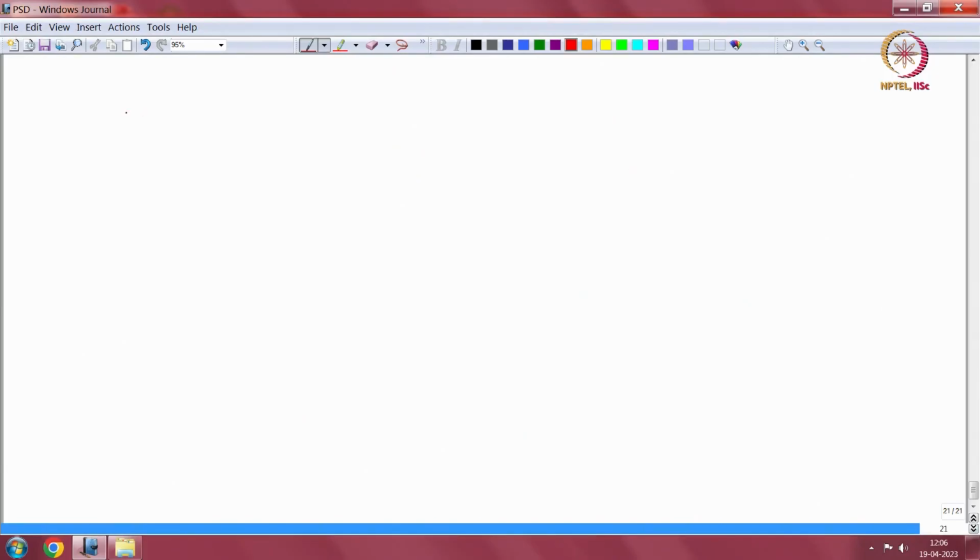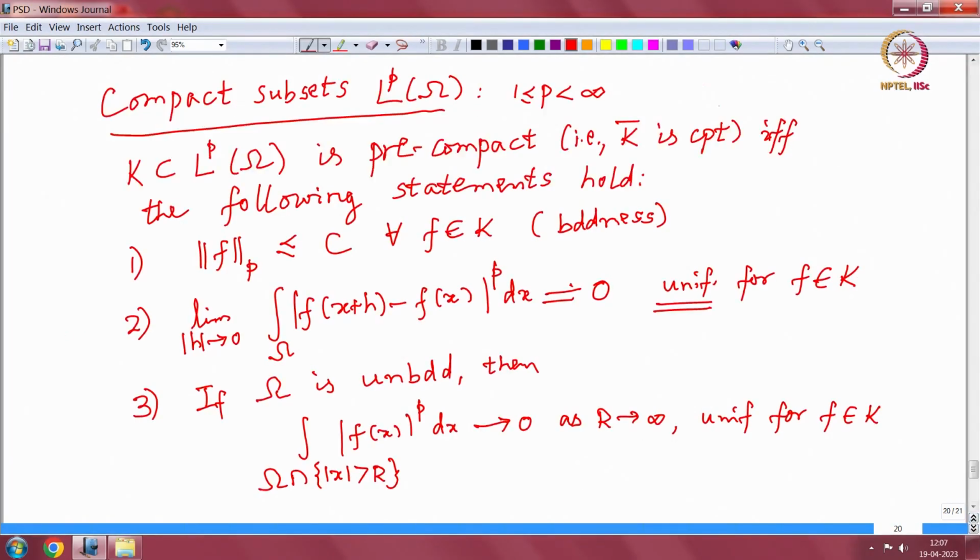For example, the second condition: given epsilon positive, there exists delta, which depends only on epsilon and the set in question, not on individual functions in the set, such that the integral over omega of |f(x+h) - f(x)|^p dx is less than epsilon whenever |h| is less than delta, for all f in K. One more thing: for LP functions it does not matter at all, whenever x plus h goes outside omega, you just define f as 0.